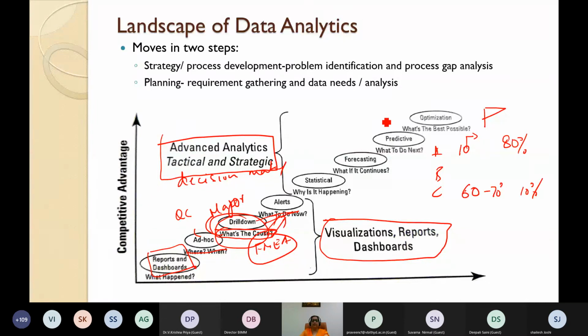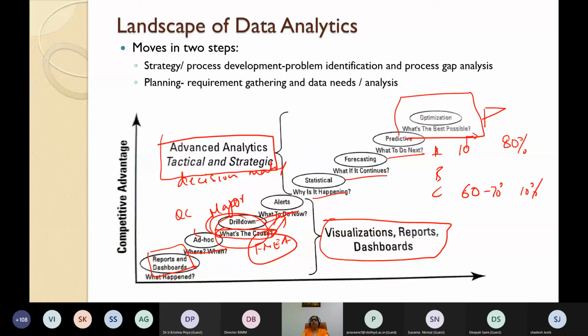Then we make use of some statistical techniques, some forecasting techniques, some predictive modeling, some optimization tools in advanced analytics and tactical and strategic decision making, to know why it is happening, what if it continues, what to do, and, using the optimization techniques, what shall be the best possible solution.